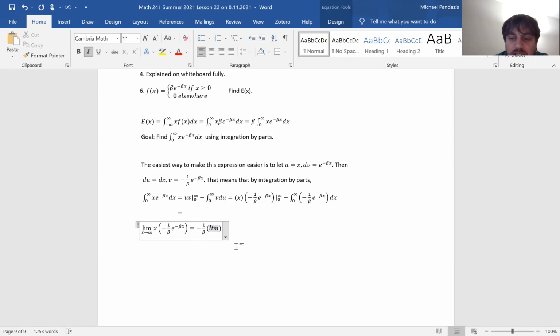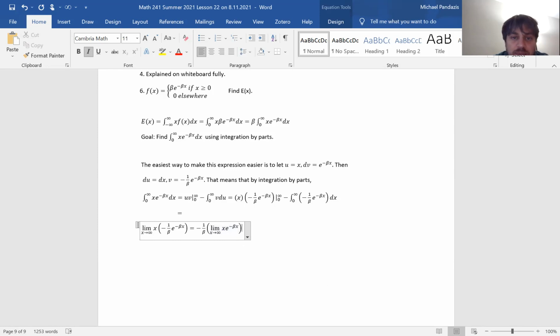So you still have the limit as x approaches infinity of, I just moved the negative 1 over beta out, x e to the negative beta x.